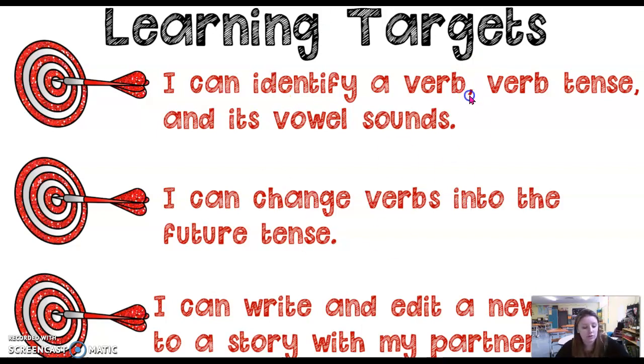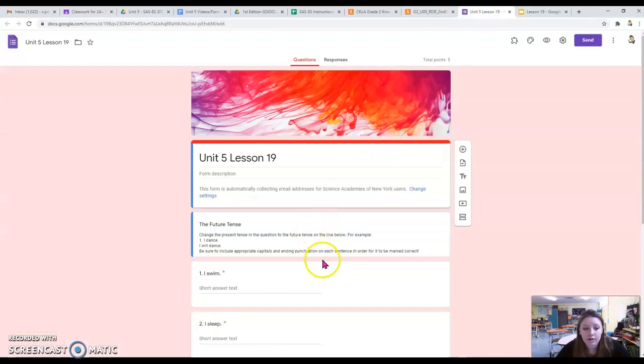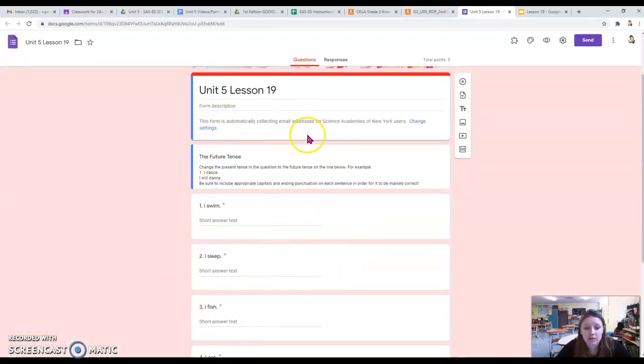So on your Google form today, you are going to be changing words into the future tense. Now, I gave you a really good example at the top. This is going to affect whether it gets marked correct or not. It says change the present tense in the question to the future tense on the line below. For example, number 1, I dance. Your answer will be, I will dance.